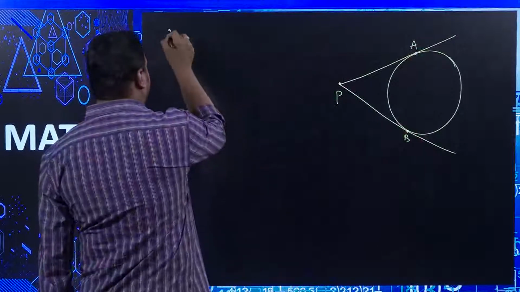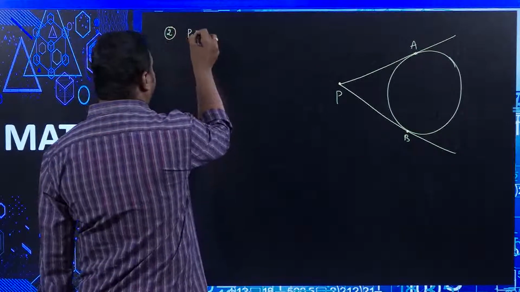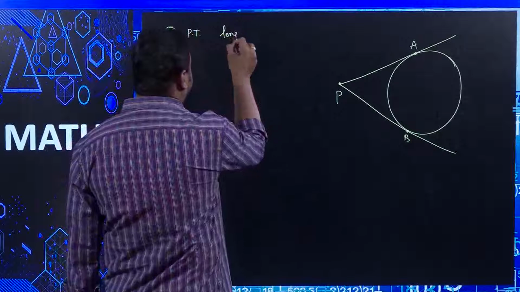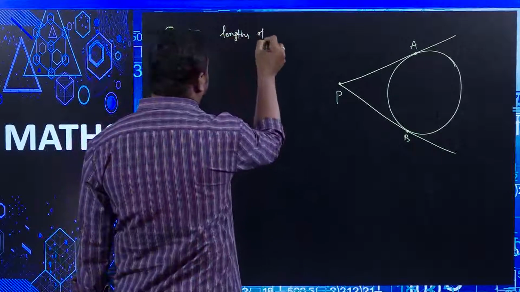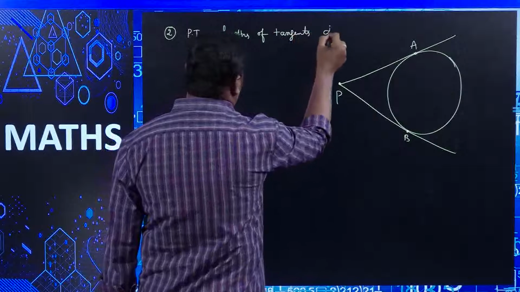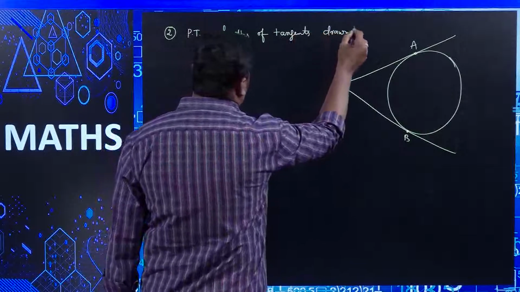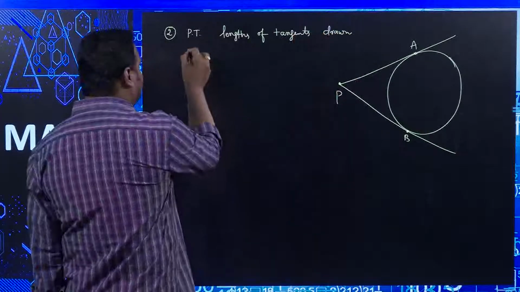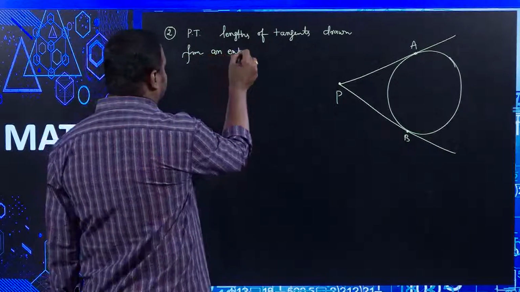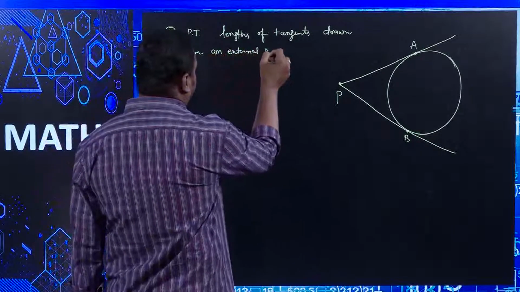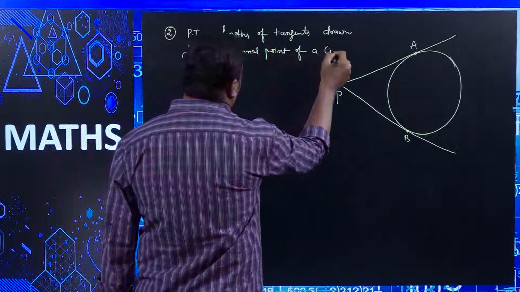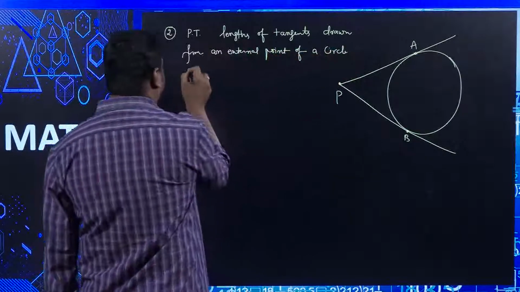The next property of tangent is: prove that lengths of tangents drawn from an external point of a circle are equal.